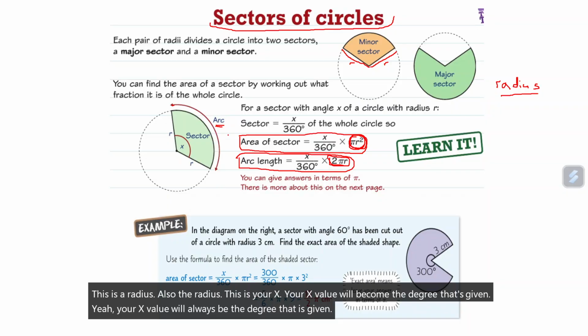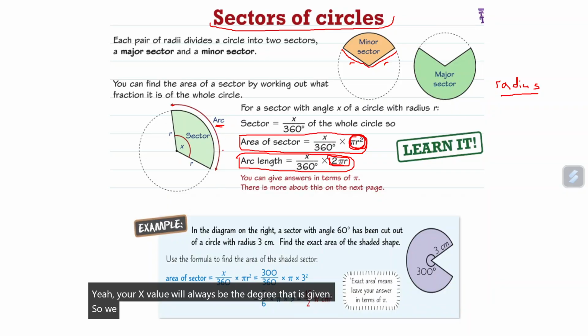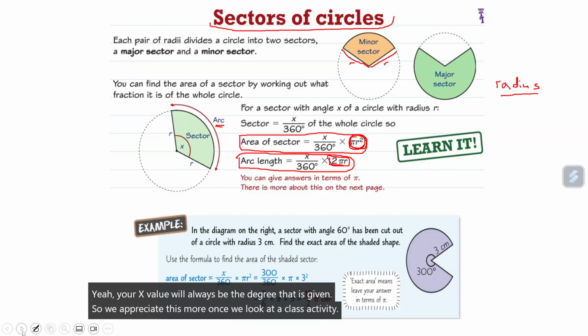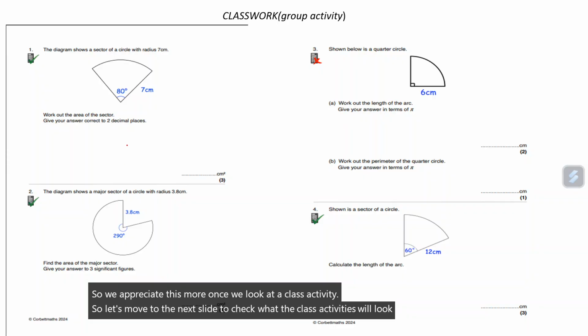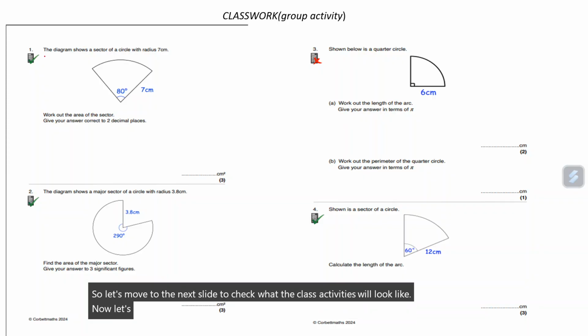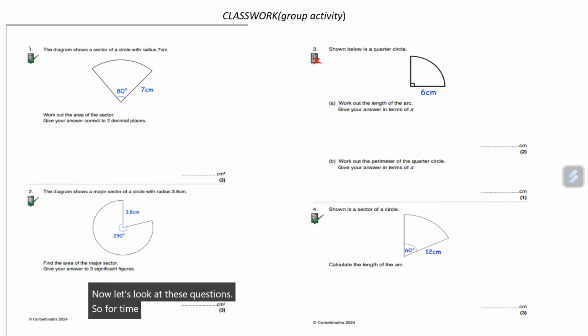So we'll appreciate this more once we look at the class activity. So let's move to the next slide to check what the class activities will look like. Now let's look at these questions. So for time's sake, we'll be looking at this. This is the area of the sector of a circle.